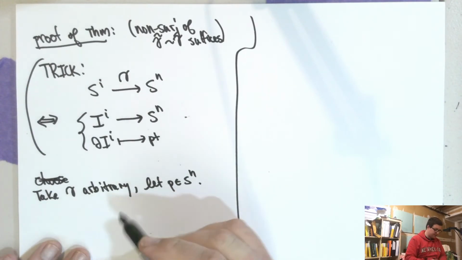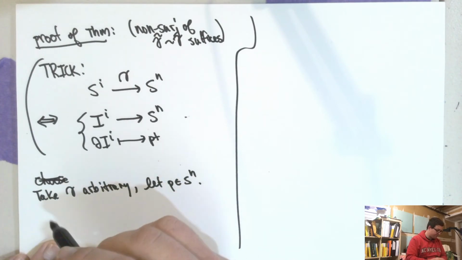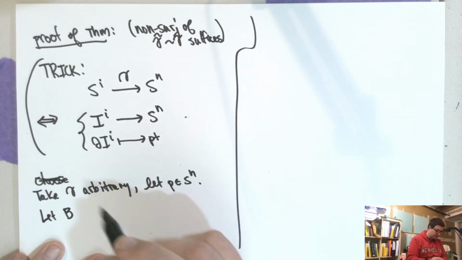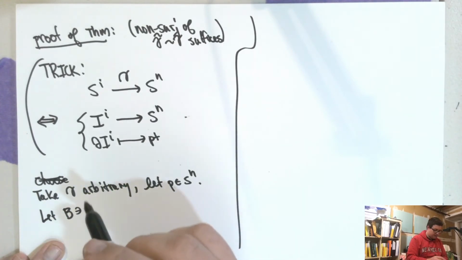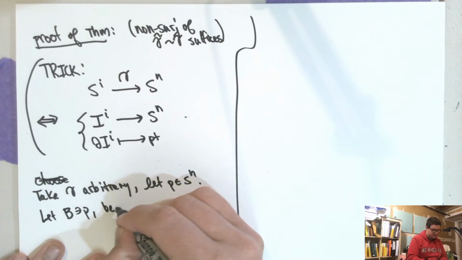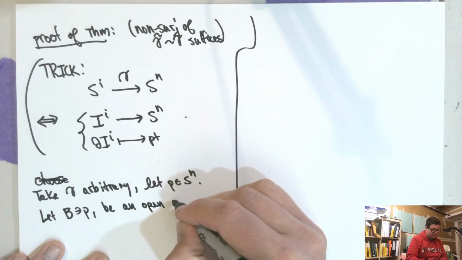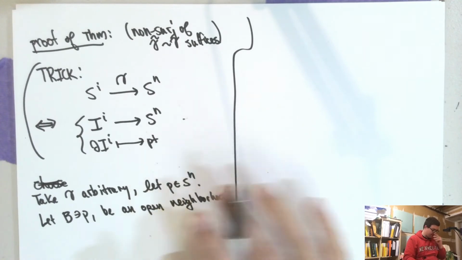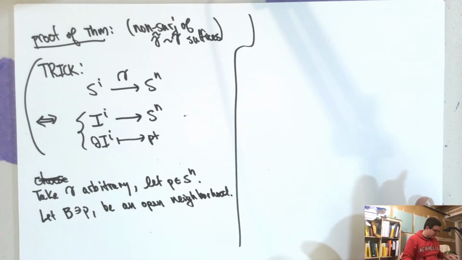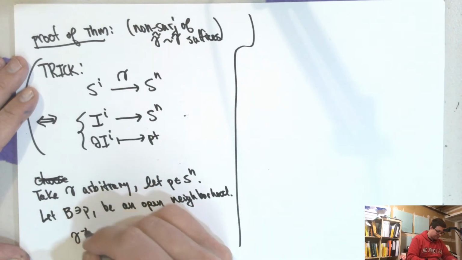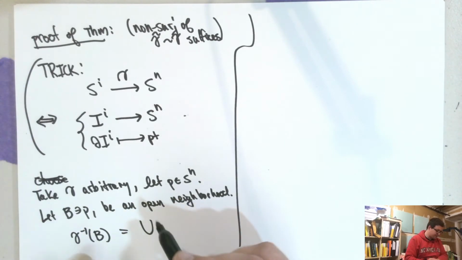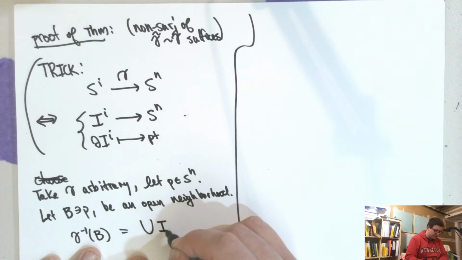So what we'll do is we take gamma inverse of B, where B is an open neighborhood, and we're going to view it as a subset of R^n. So gamma inverse of B is a union of a bunch of rectangles.